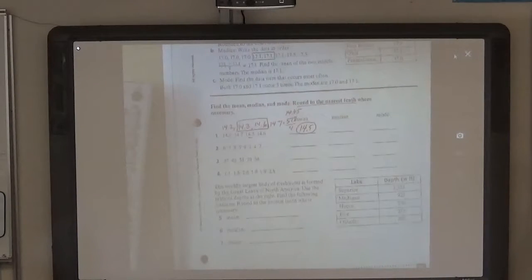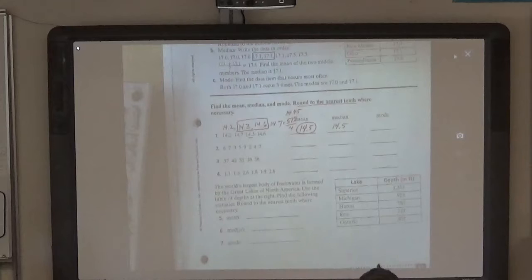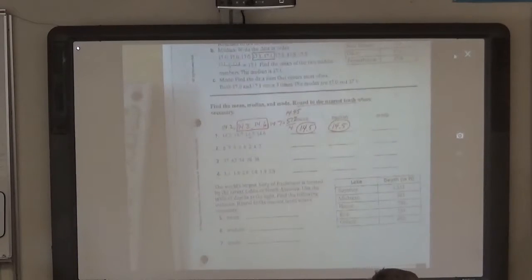Isn't it 28.9? Yeah. And then divide by 2. What is that? 14.45. And then when we round it, according to the rounding rules, we round it again to the nearest tenth, 14.5.